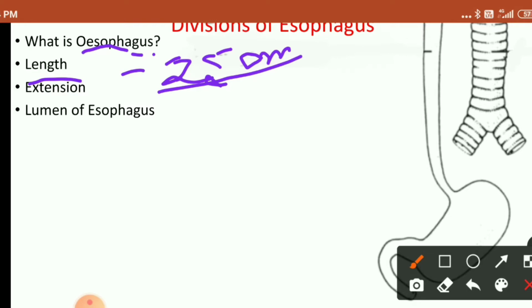Now we come to the extension of the esophagus. The upper end of the esophagus starts from the lower part of the pharynx, that is from the laryngopharynx. We have nasopharynx, oropharynx and laryngopharynx. So from the lower part of the laryngopharynx, there will be the start of the esophagus.